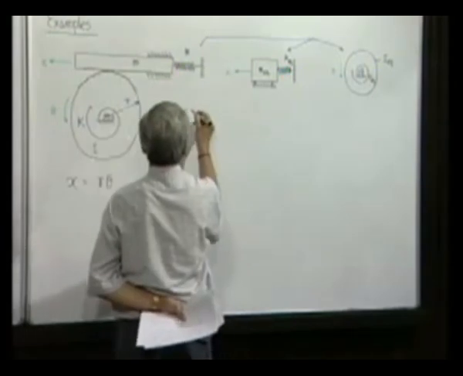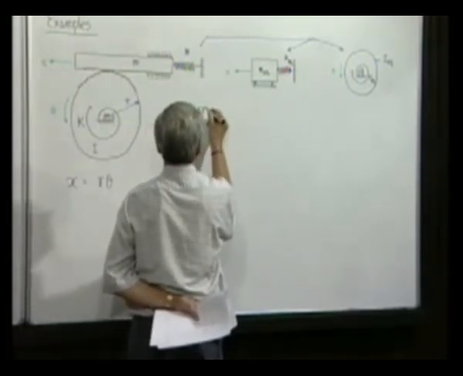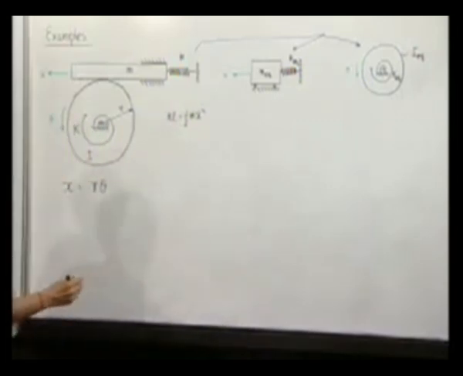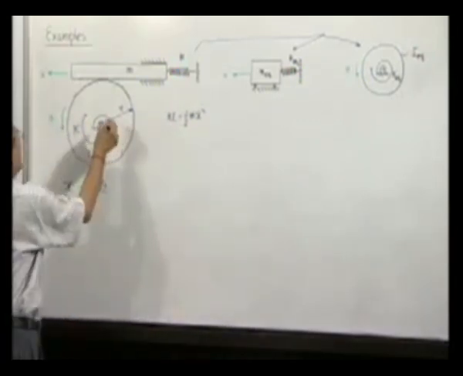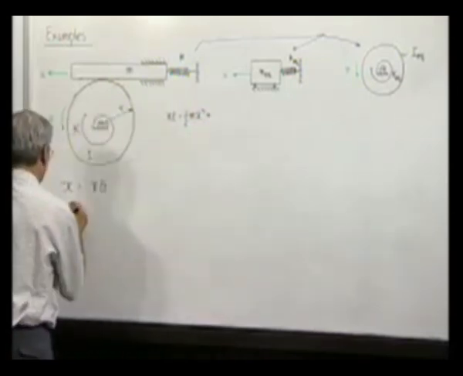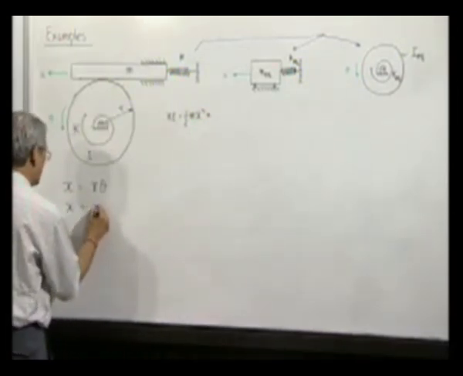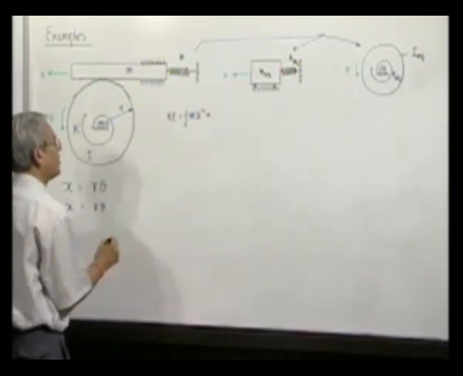First is the linear kinetic energy of this, half m x dot square, and the angular velocity of this is theta dot. Therefore, x dot is equal to r theta dot.